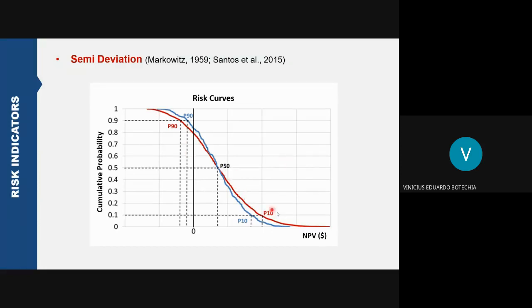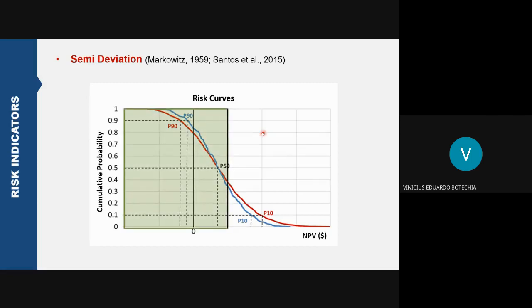Because you can have more gains with the red curve. With the red curve, you can reach these values of NPV, instead of the blue curve that goes only until here, but at the same time you can have losses higher than the blue curve in the red curve. So it's kind of difficult to say which curve is riskier among these two if you consider only the variability, right?